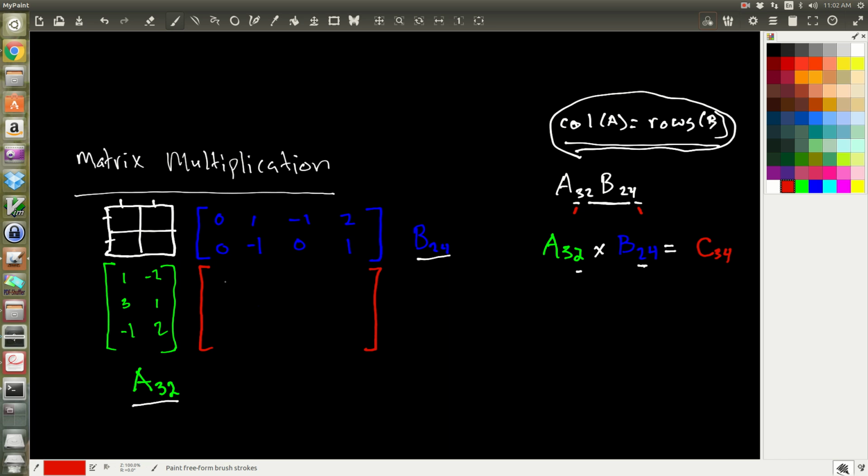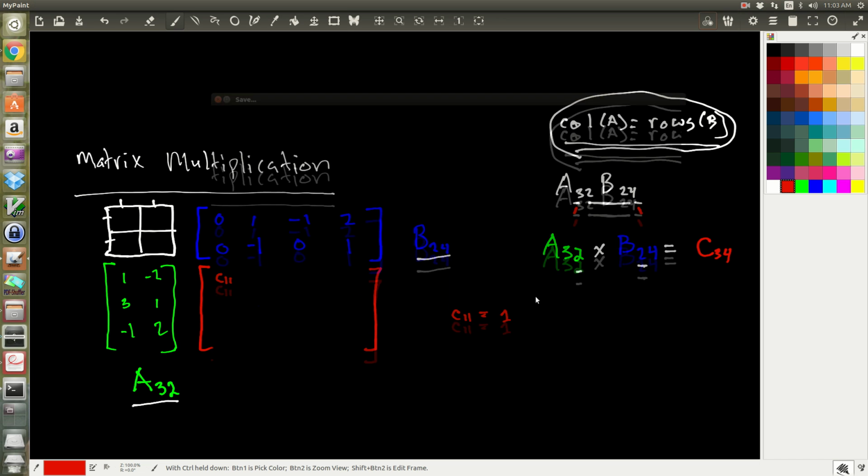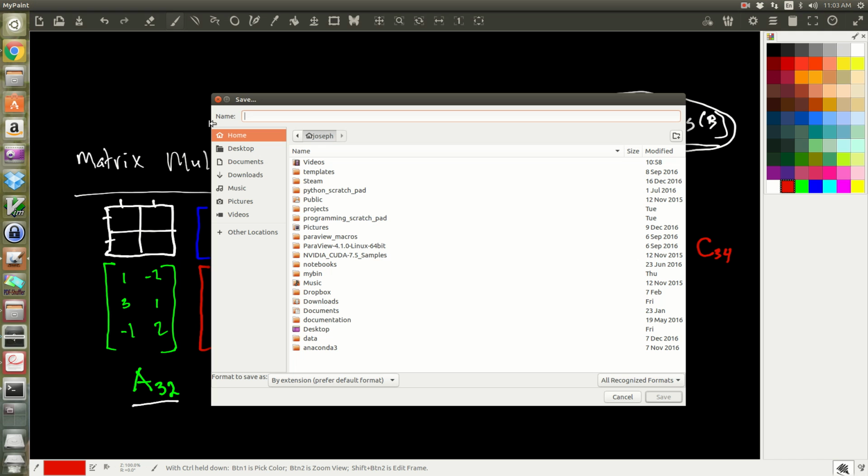Now, once we know the size of it, what do we put in here? Well, the first component, I'm going to call this C11, is just going to be equal to the dot product of the first row of A with the first column of B. Sorry about that.